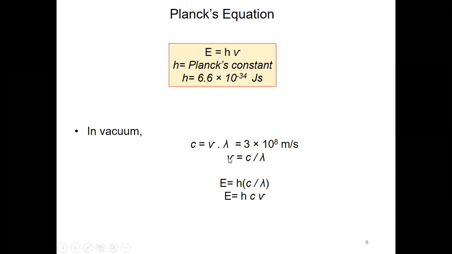And we can rearrange this equation, c equals nu lambda, to nu equals c over lambda, and by substituting the frequency value into Planck's equation, we will get E equals hc over lambda.